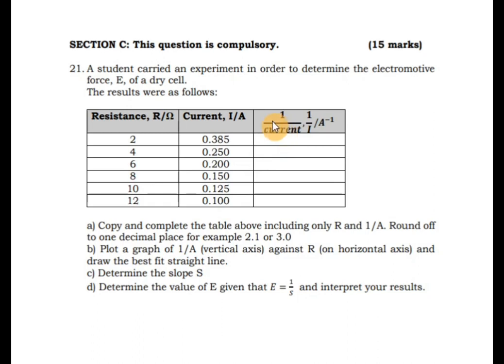Okay, back to our question. The first question is to copy and complete the table above. We are going to complete this table. You see, this is 1 divided by current, and here there is current, so we have to take 1 and divide by the value that we have been given. Let us try the first one.